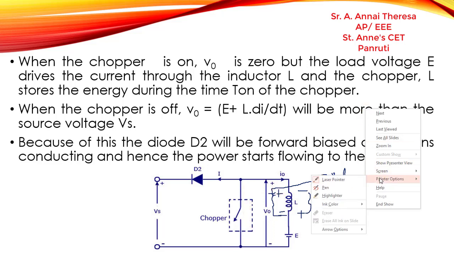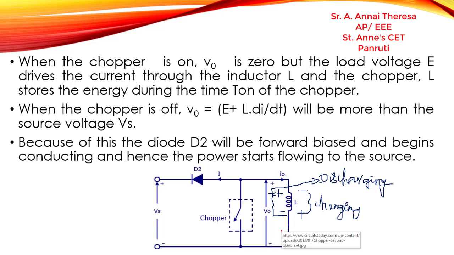The current path will be like this. Because of this DC source, the current flows in this direction, so the output current is in the negative direction.